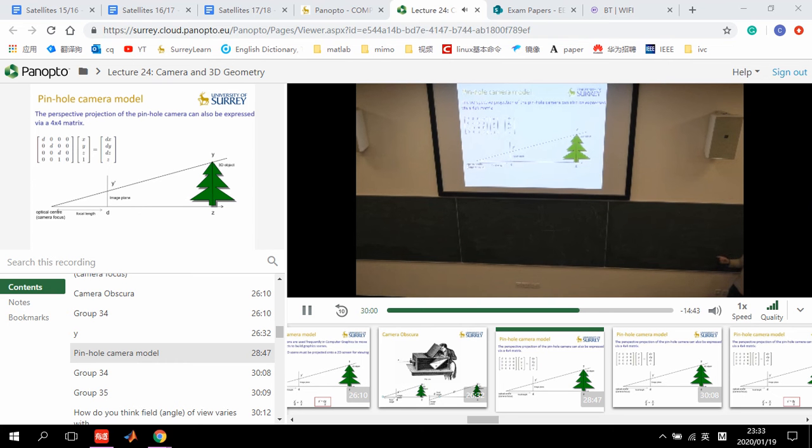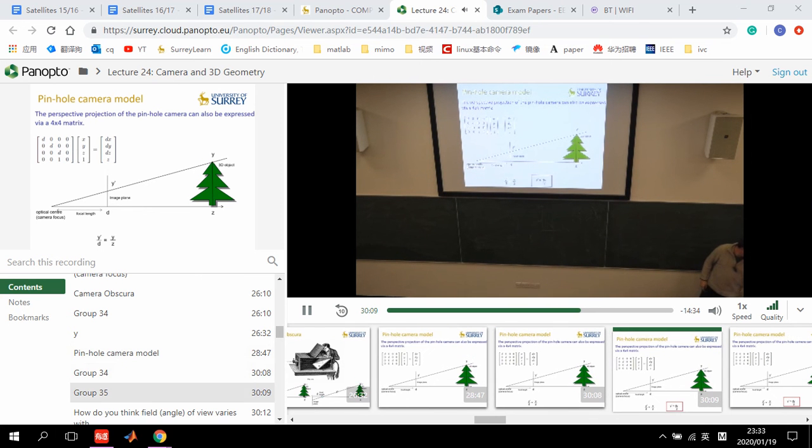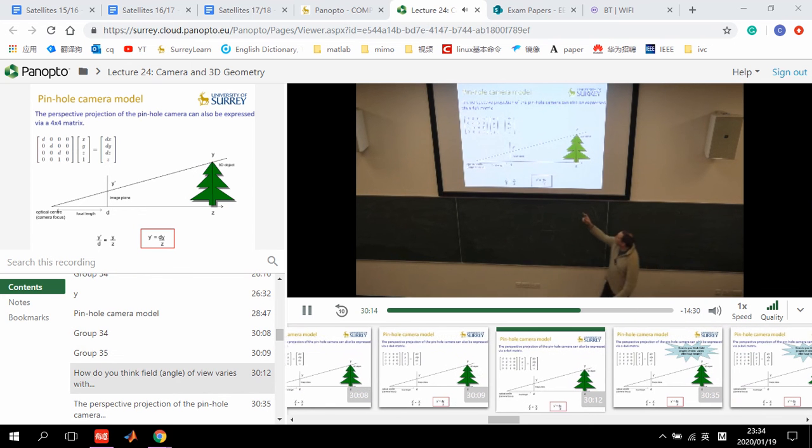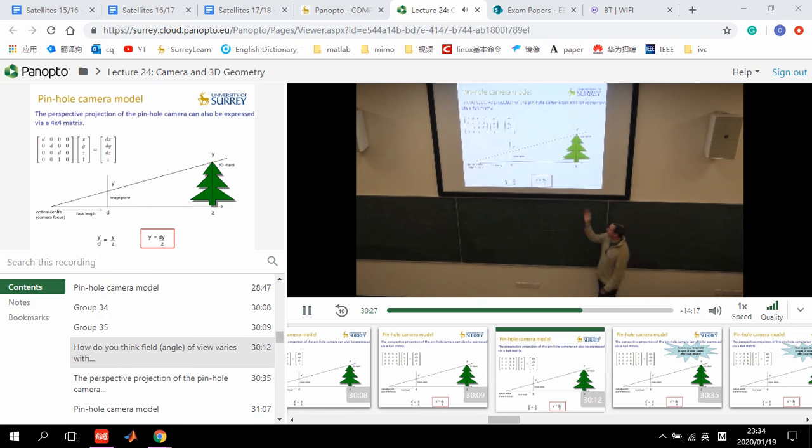So the output is going to be, for the x-coordinate, dx over z. Hopefully I've written this on the slide. The output for the y-coordinate is going to be dy over z, which is exactly this, and the output for the z coordinate is going to be dz over z, so is d. So everything is going to be projected to a distance d away from the focal point on the image plane.